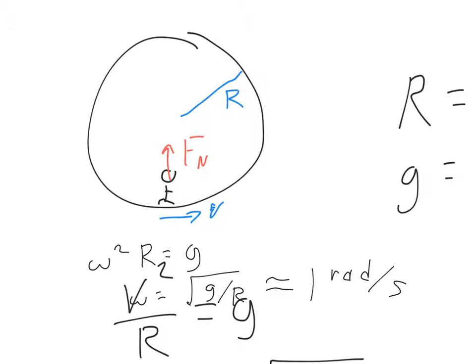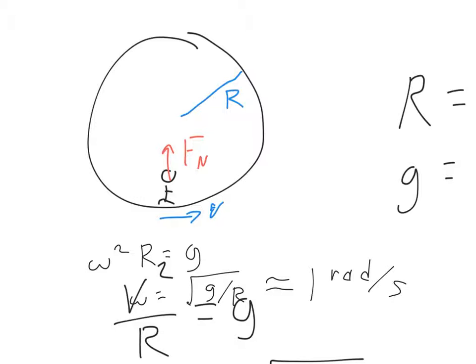Everywhere along the way, you're going to have the same angular velocity, in this case, say 1 radian per second. But your head is a little bit closer, and so it's undergoing a slightly different acceleration than your feet are, and that can be quite disorienting.